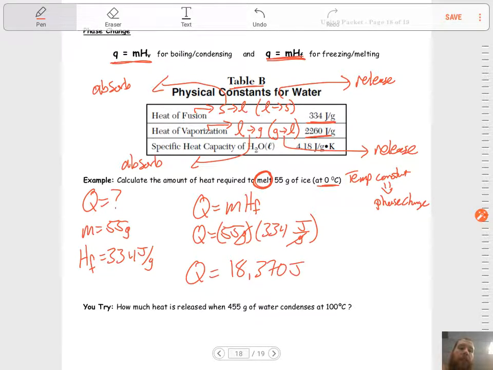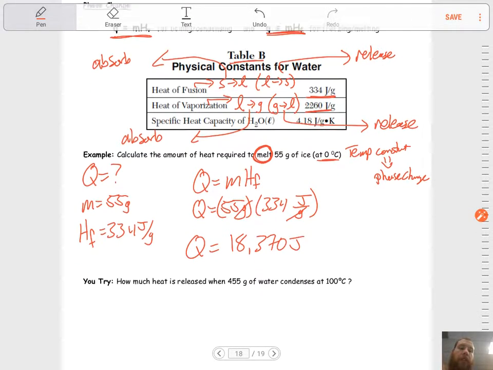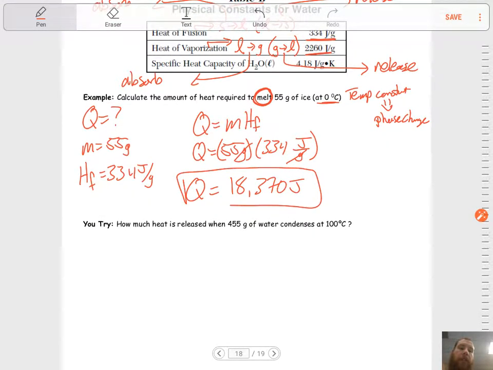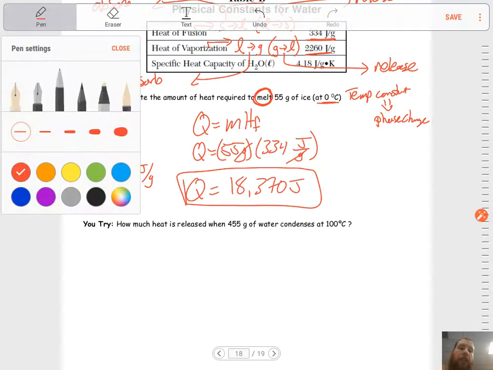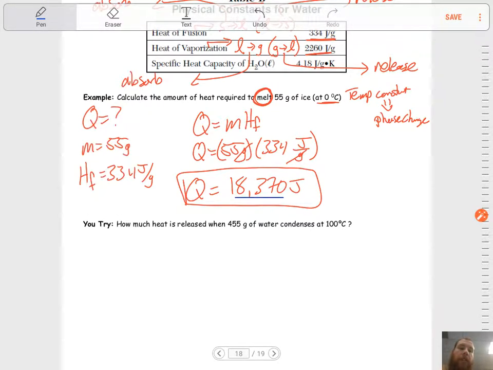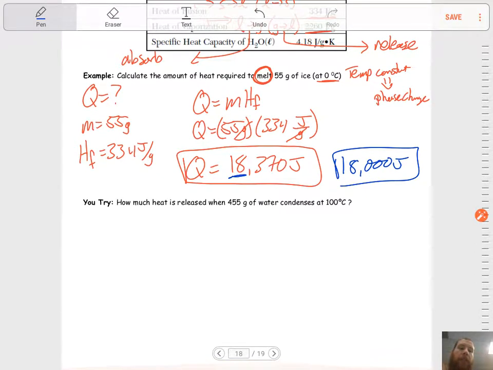Now ask yourself, is this going to be a positive value or a negative value? Okay. Melting, I'm going from solid to liquid, so I'm absorbing energy. That means this will be a positive value. Okay, so I would leave it, and this would be my answer. If I was going to round to correct sig figs, I would round to 2, so it would be 18,000 joules. So pause the video, try this one on your own.